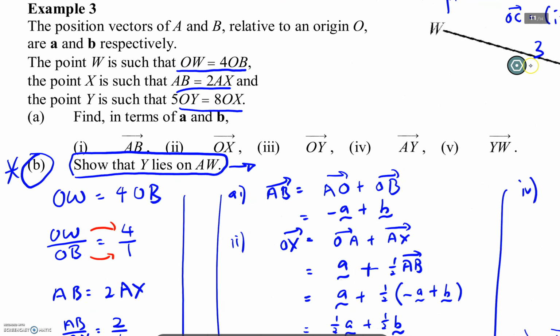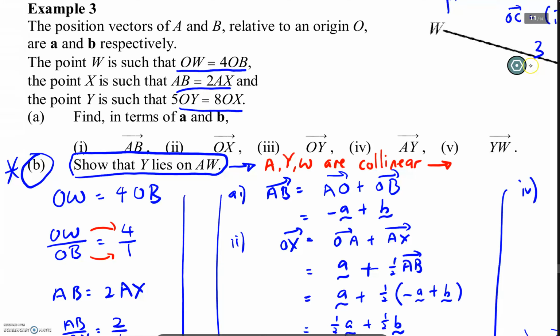That means you want to show what? You want to show that A, Y, and W are collinear. Do you follow? Can you help me write down on your working: A, Y, W are collinear?